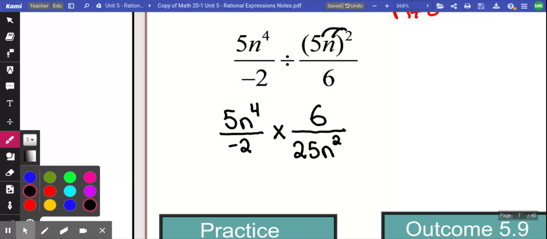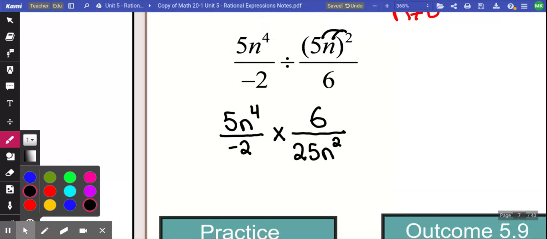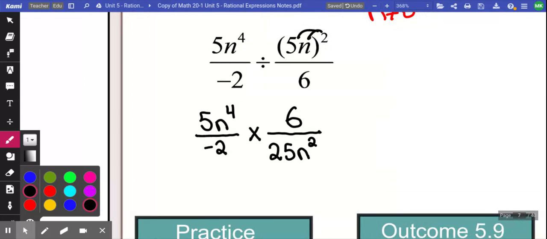Now that it's multiplication, I'm just going to multiply across the top, multiply across the bottom. So this will become 30n to the 4 on top. The denominator will become negative 50n squared. I then can start simplifying. The coefficients all divide by 10.